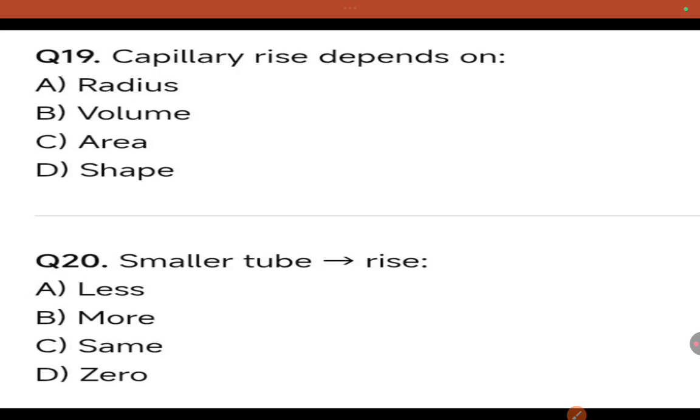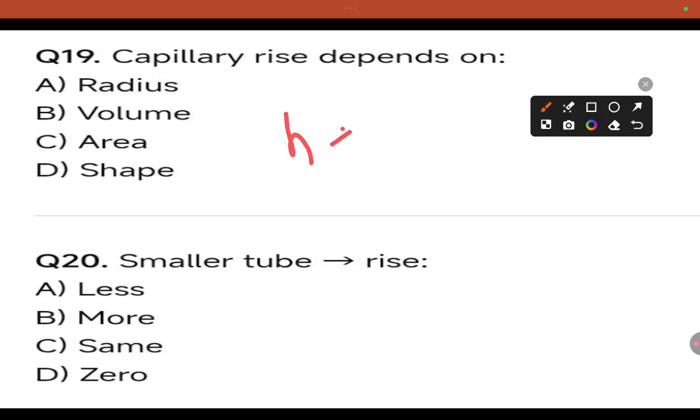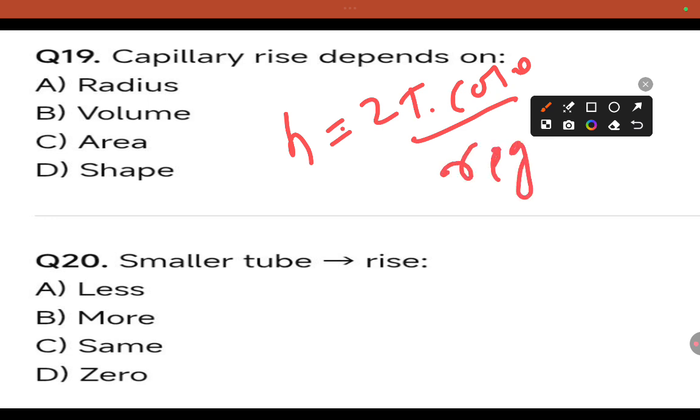Does it depend on temperature, pressure? No. We have a formula: h equals 2T cos theta by r rho g. Generally, the capillary character will be determined by this. So capillary rise depends on radius.